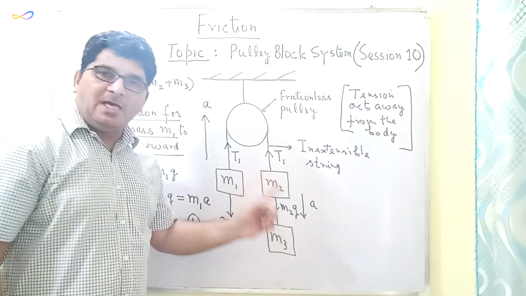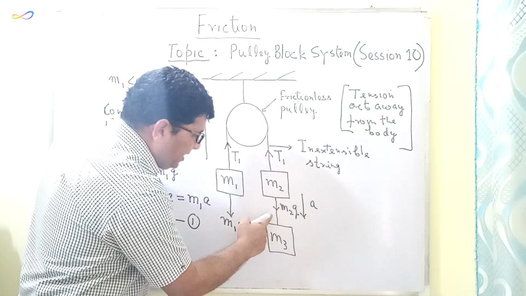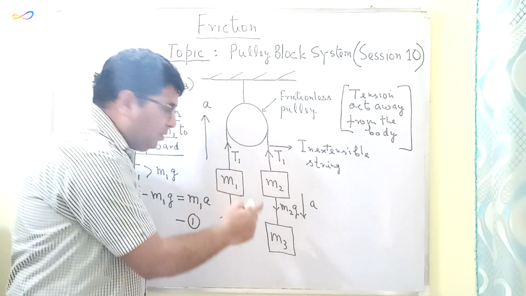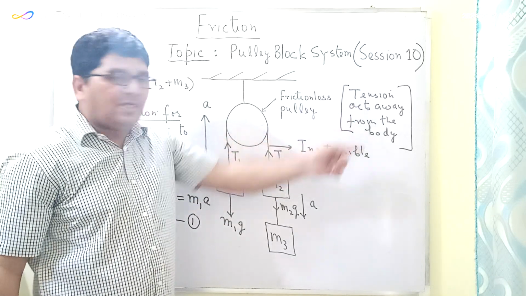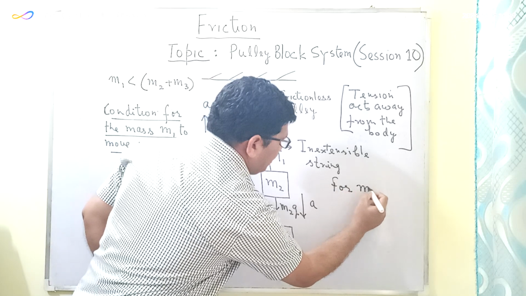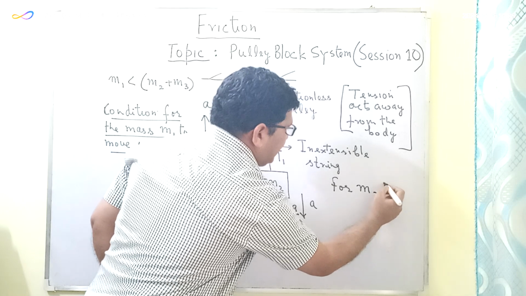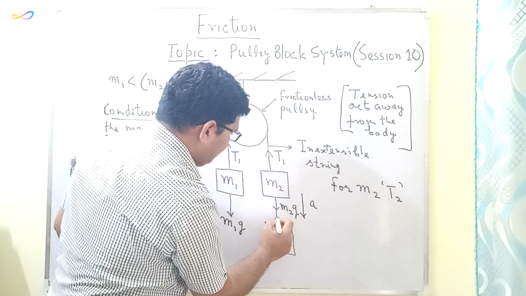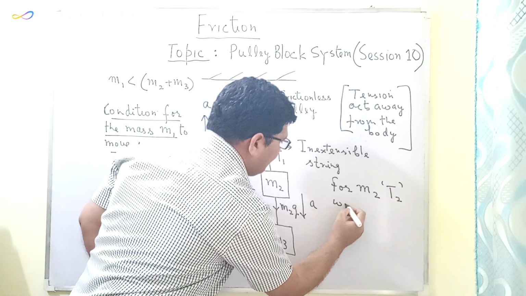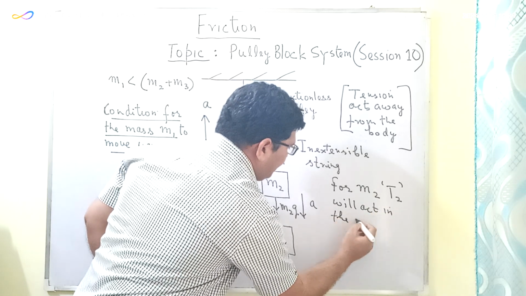Now m2 and m3 are connected by another string. Let us say the tension in this string is T2. For the block m2, since tension always acts away from the body, T2 will act in the downward direction.